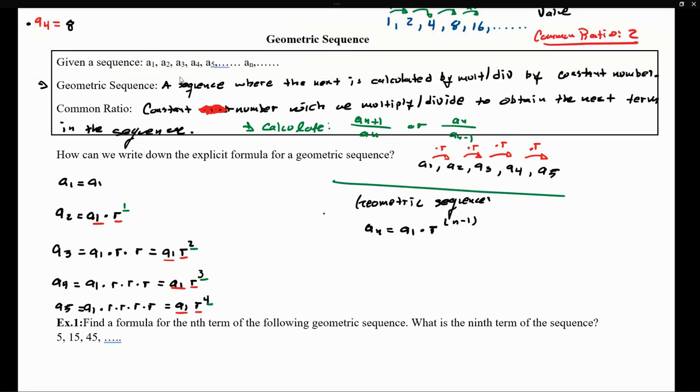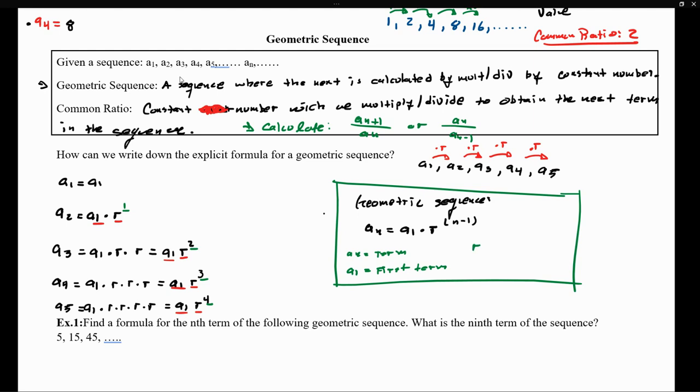And this is how we're going to be defining geometric sequences, where again, a_n is the term that we're looking for, a_1 is the first term, r is the common ratio.